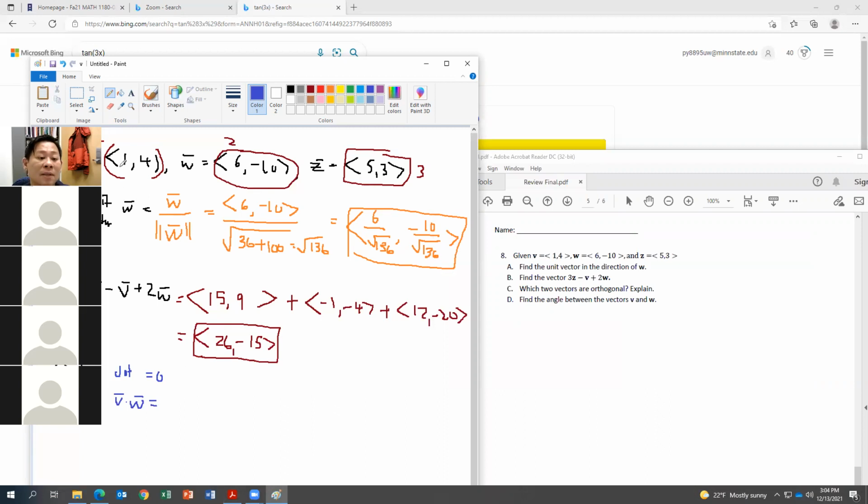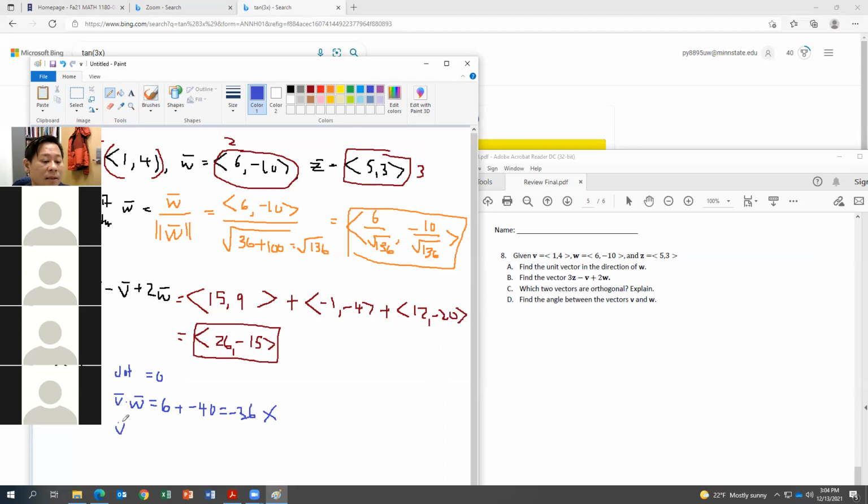Dot means you take the first component and you multiply. 1 times 6 is 6, then you plus 4 times negative 10 is negative 40. So we know this is not orthogonal because it's not 0.